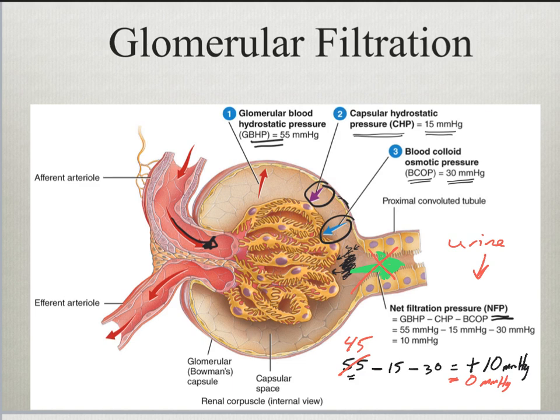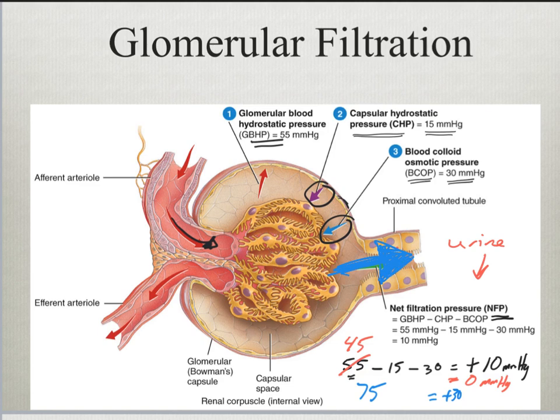Well, let's look at one other one. Let's bring this way high up. Let's say our blood pressure is too high, and we go to 75 millimeters of mercury. Now we subtract 45, and now we are plus 30. So we'll draw our 30 right here. That means our net filtration pressure is plus 30. Let's erase this right here and redraw it with our big, monstrous blue arrow.